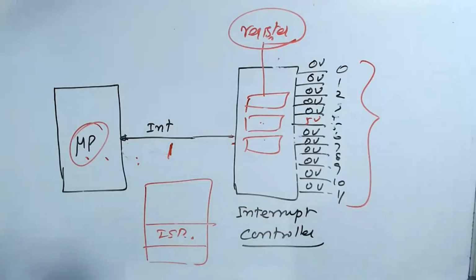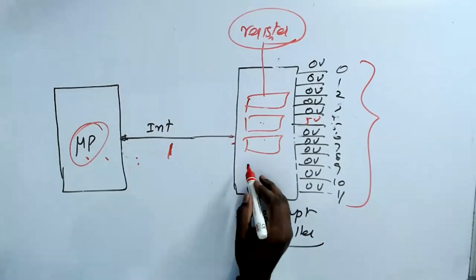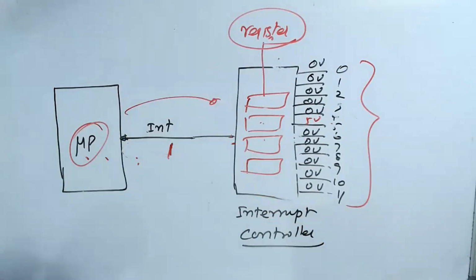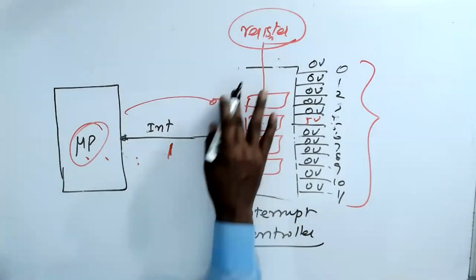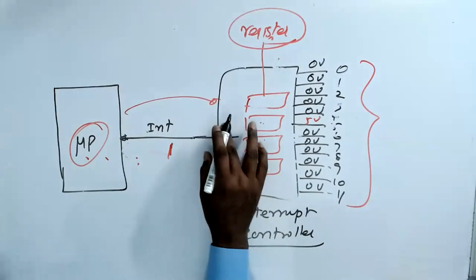Now, what are the other advantages of the interrupt controller? The microprocessor can tell the controller, hey, don't disturb me if any interrupt comes. There will be a switch here.